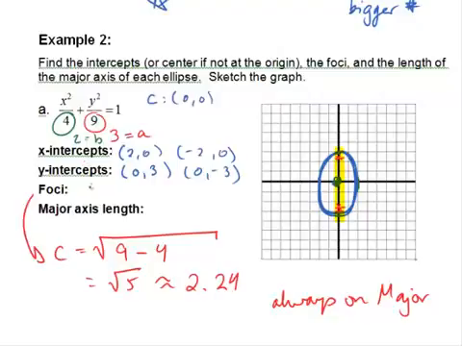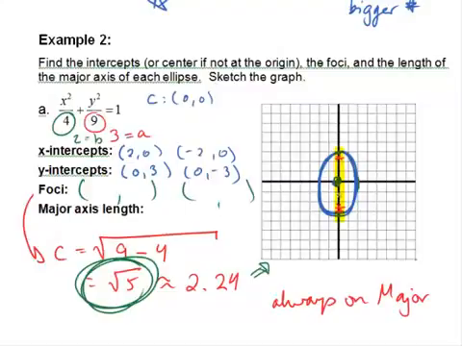When we talk about writing these as points, please use the exact answer. The decimal is just to help us with the graph here, but you want the exact answer in your point. Notice that because we're on the major axis running up and down, on our center we are not changing the x coordinate. That stays the same for these 2 points. So it's 0 and 0 up and down.